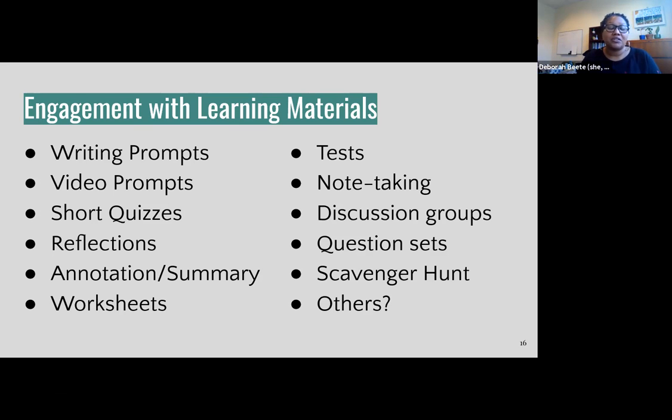Annotations or summaries where they're just giving a small summary of what the article or the learning material was about, a worksheet where they might work through some information that they're getting from the learning materials. I've never done this before, but I know that people do put learning materials on tests, where part of the test is what were you given to take in, and you have to be able to respond to that.